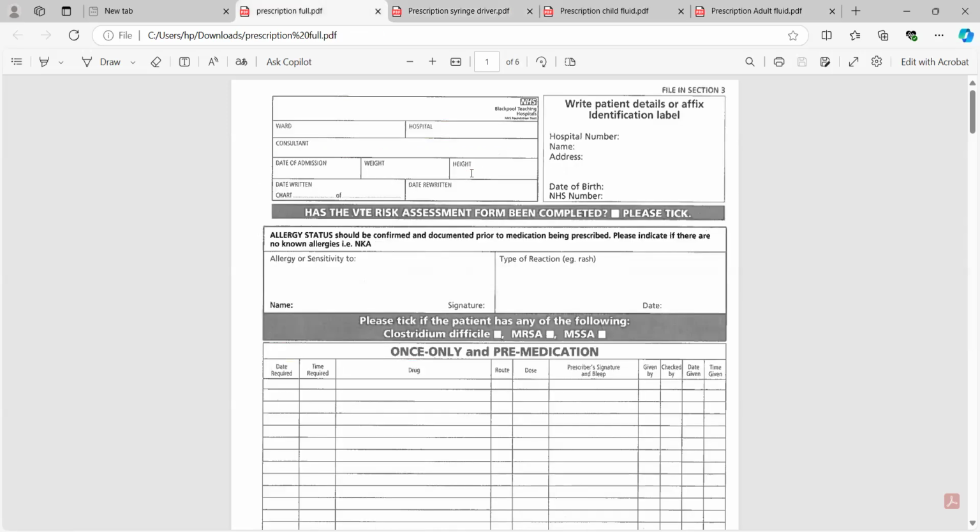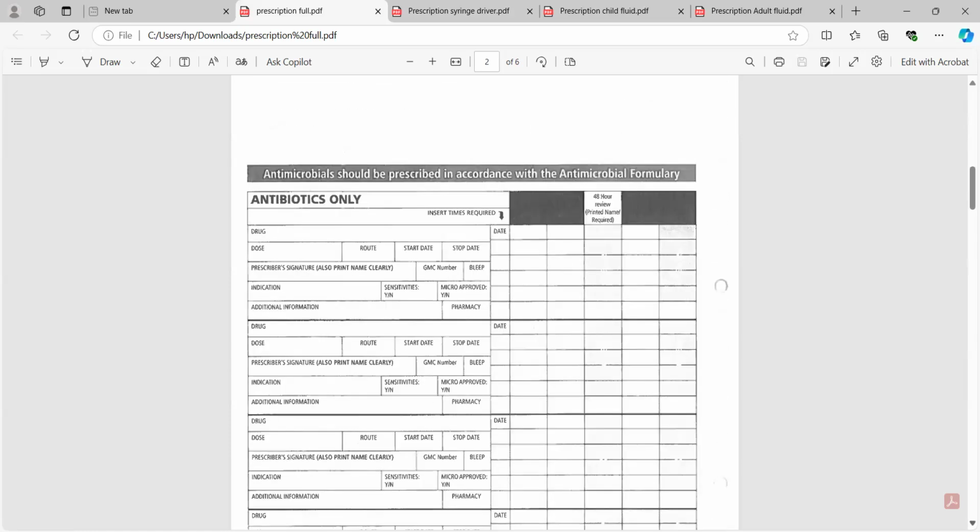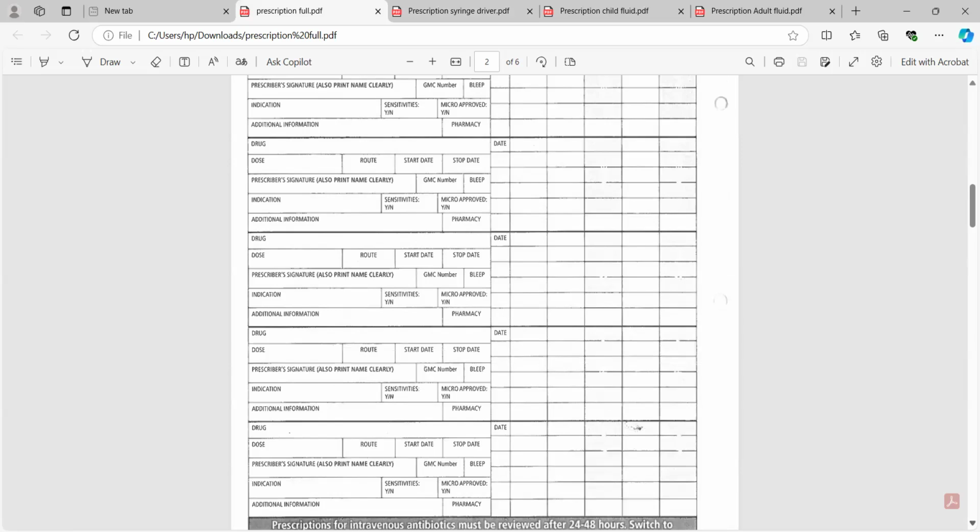Coming to the full prescription letter, which you can find inside your cubicle, it is this one. This is the first page. In the second page, this is just for antibiotics. You have to write antibiotics over here.